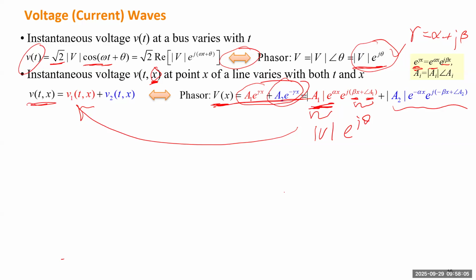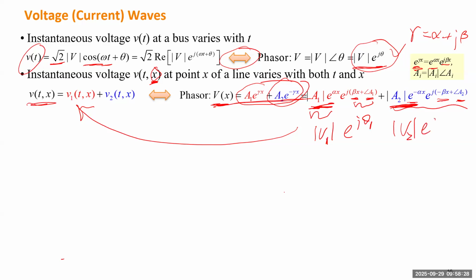So the magnitude will be the magnitude of A2 times e to the negative alpha x, and one angle will come from the negative beta x, another angle will come from A2. So this one can also be equivalent to, we can just call it, E1.